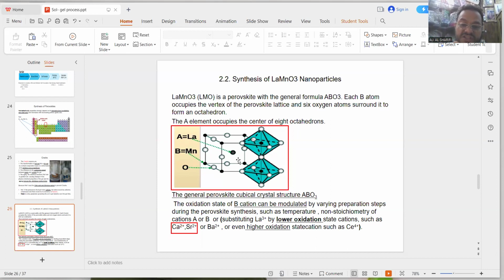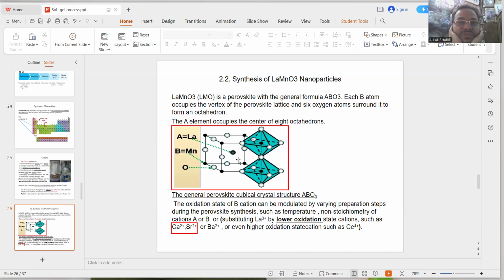Here it's supporting that the oxidation state of the B cation can be modulated by varying preparation steps during the perovskite structure, such as temperature, non-stoichiometry of cations, and, like I did, substituting lanthanum 3+ with lower oxidation state cations such as calcium, strontium, barium 2+.